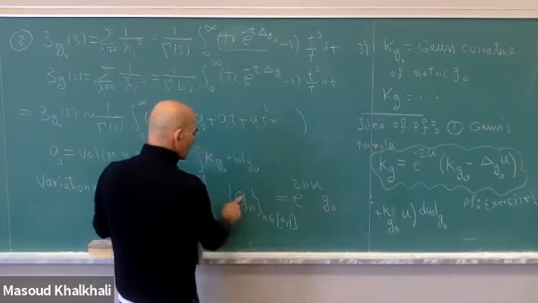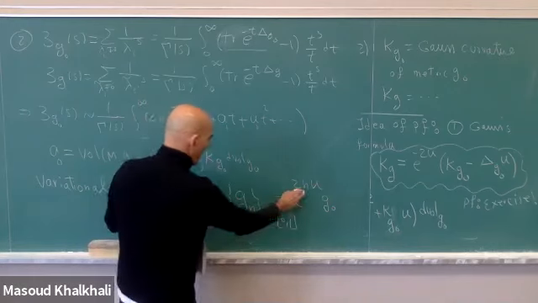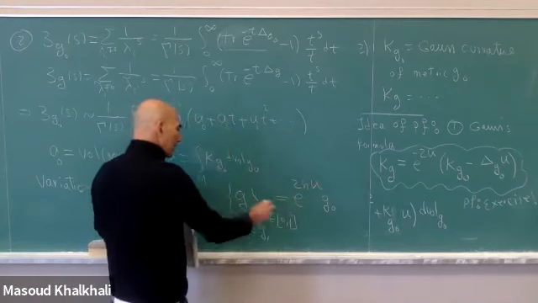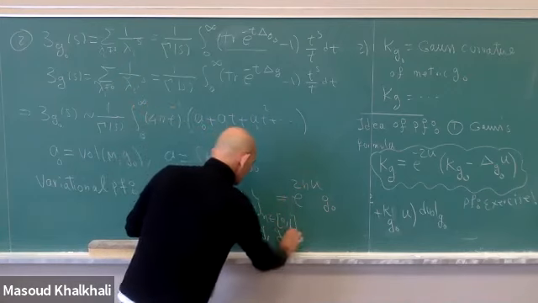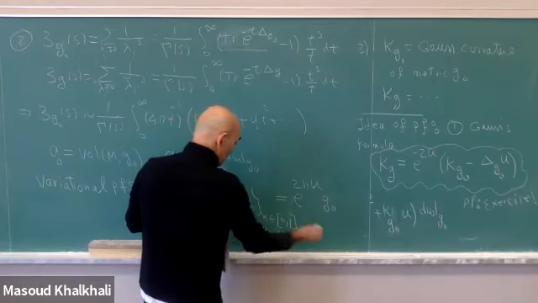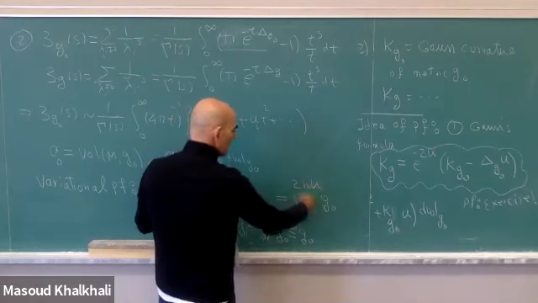Now this family is such that at 1 it is g, and at 0 it is g0, because when h is 0, this is g0.